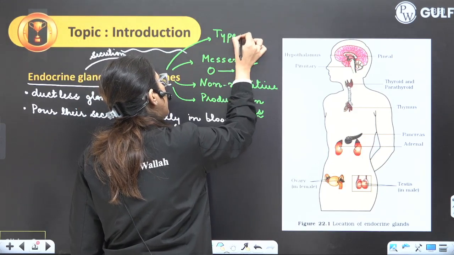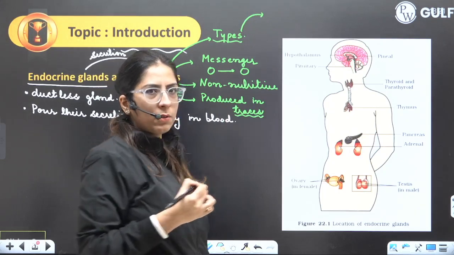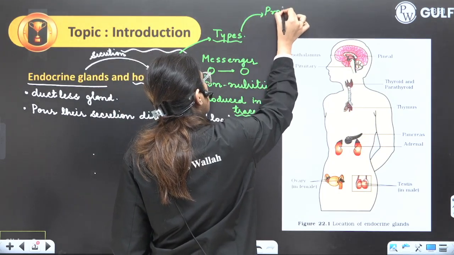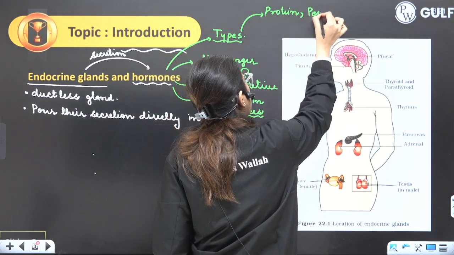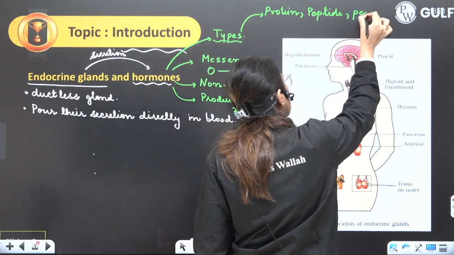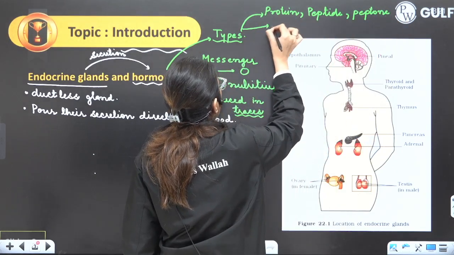So we have various categories of these endocrine hormones. These hormones can be proteinaceous in nature: protein, peptide, or polypeptide. They can be amino acid derived.